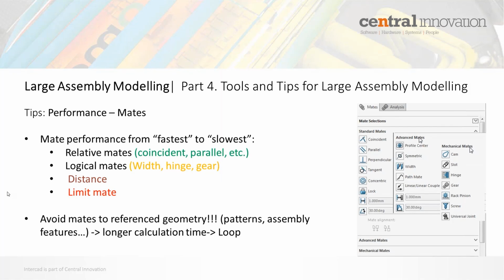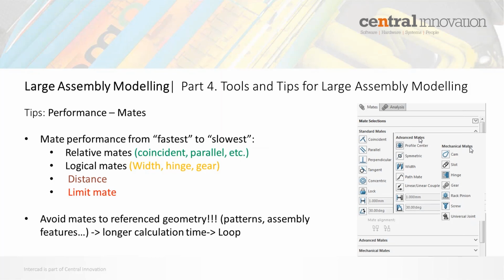Performance in terms of mates as well. The fastest mates to solve are relative mates, so coincident and parallel. Those are basic standard types of mates. Logical mates, width, hinge, gear, etc. So some of the advanced and mechanical mates take a little bit longer.